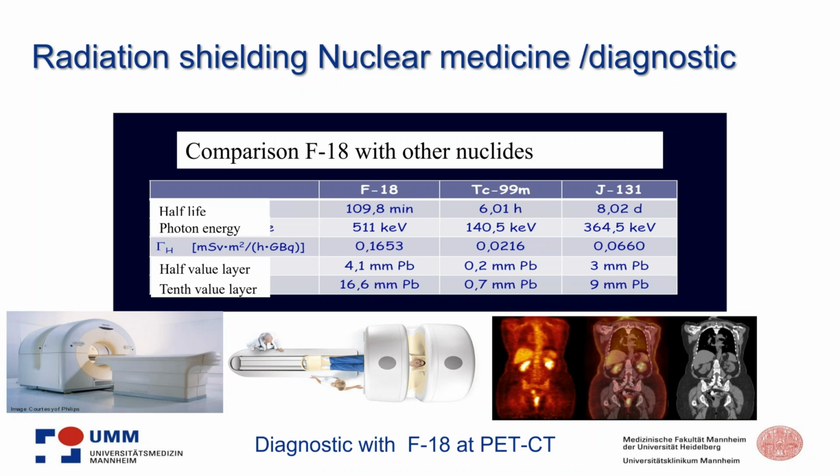And you see the given half value layers and the given tenth value layers for this material. If you want to reduce by a factor of ten, you need 16 millimeters of lead. And we need only parts of a millimeter to shield the energy in the diagnostic area.